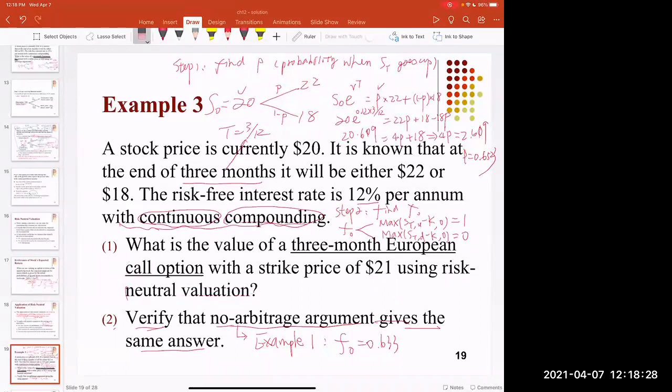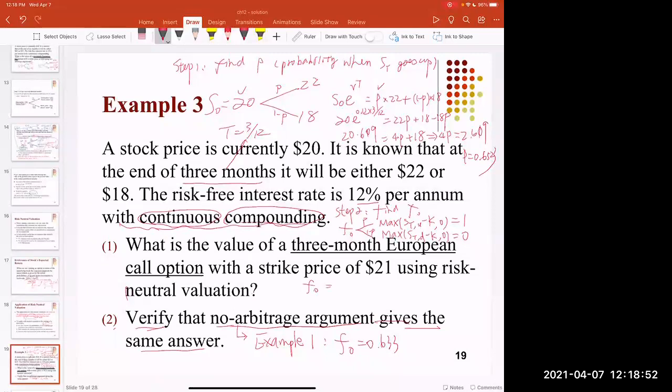Okay, and then we can set up the equation. Again, the probability of going up is P and going down is 1 minus P. Left-hand side is the option price.